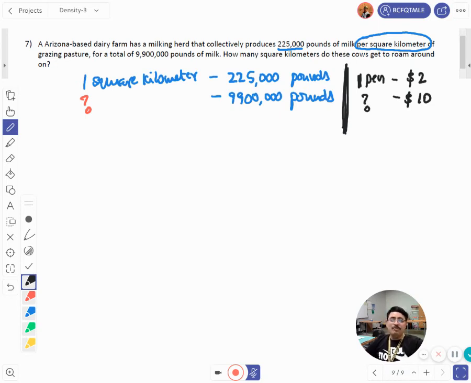The cost of one pen is $2, and how many pens can you buy for $10? Do you know how many pens you can buy?